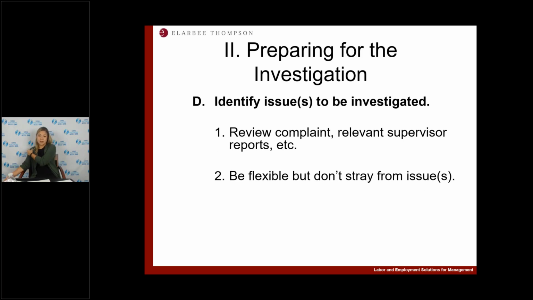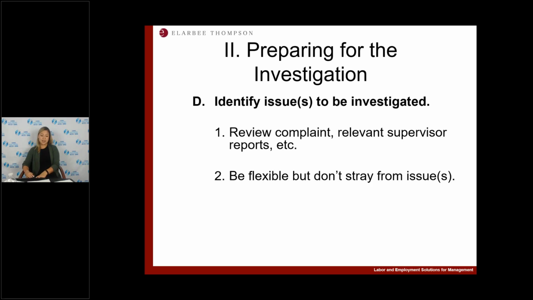Of course, your next step is for your investigator to identify the issues to be investigated. That means obviously what has been alleged in the complaint, and any other relevant documents that will give you some more insight. Now, that doesn't mean that you can't investigate things that come up during the investigation.